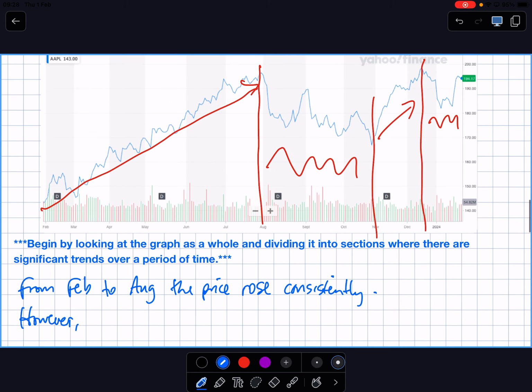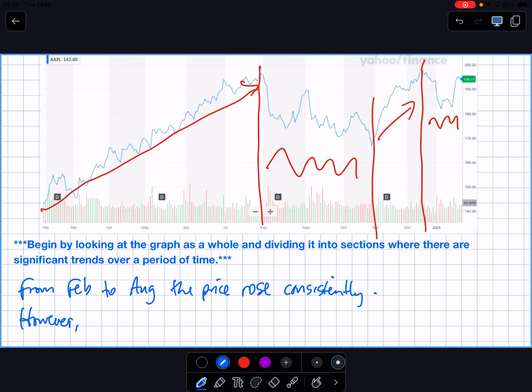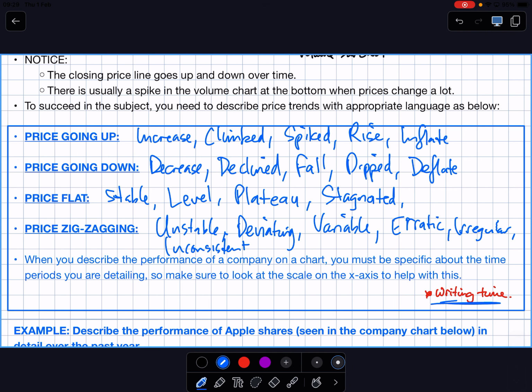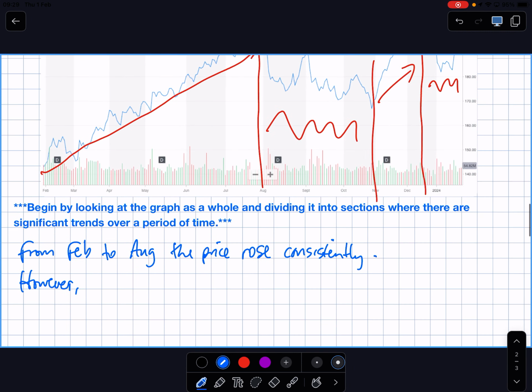However, what could we say about August to November? That although there was an initial decrease, over 3 spikes. That's trying too hard. Just tell me what was going on. What do we say up there? It was erratic behaviour. Yes, good. Multiple spikes.